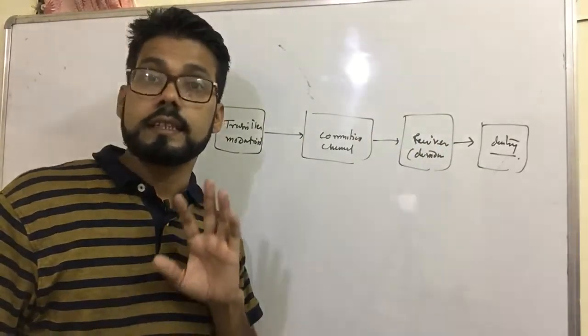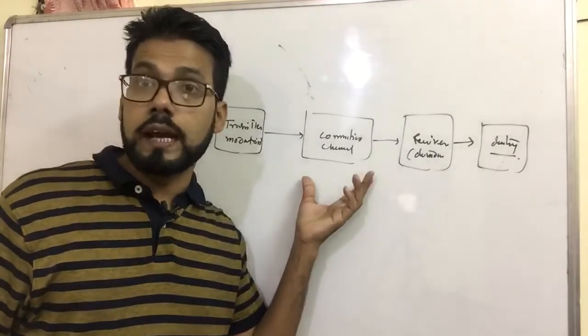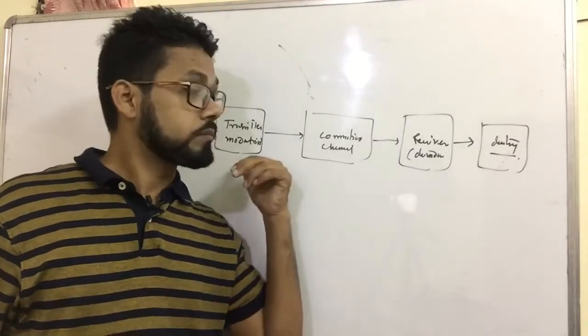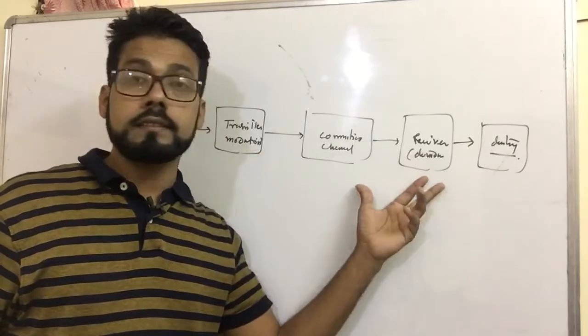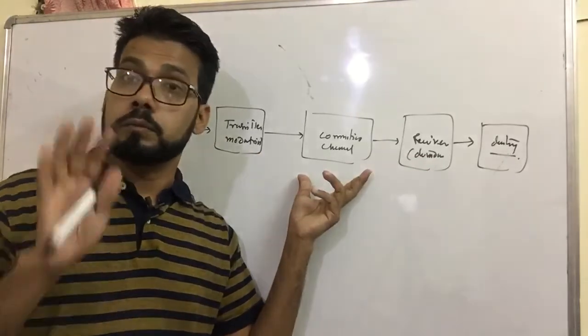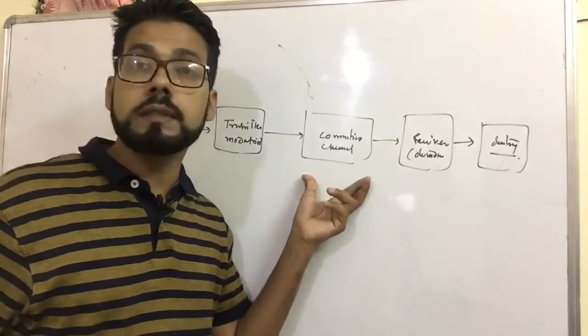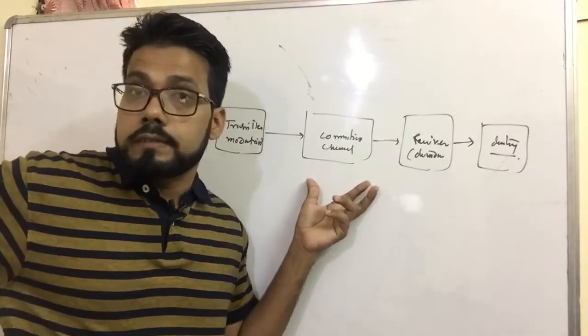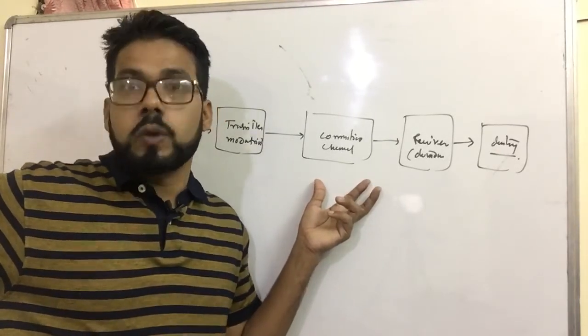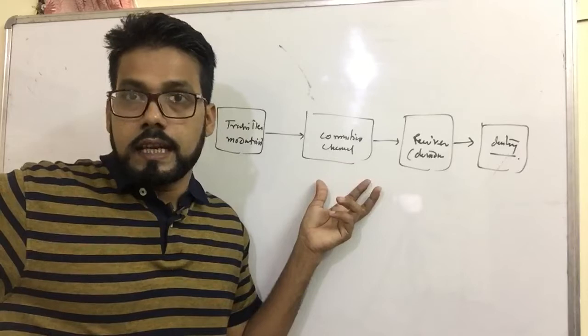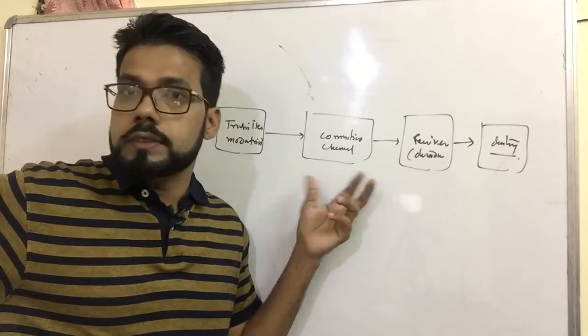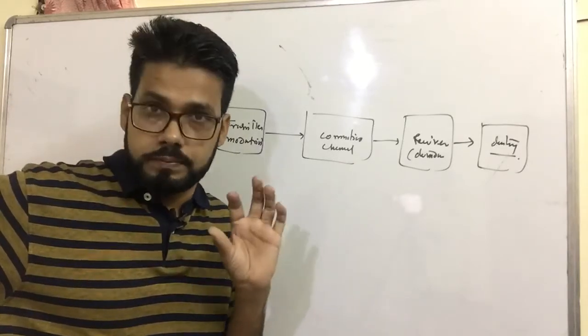What do we understand? We have to focus mainly on the transmitter, receiver, and channel. These are the important parts. Channel means optical fiber, coaxial cable, different types of cable, the copper cable.